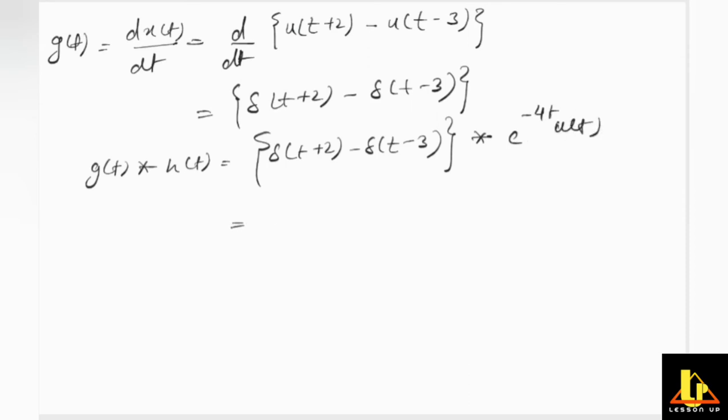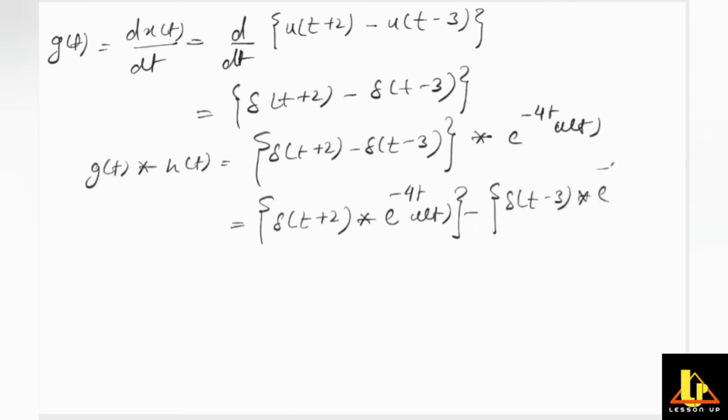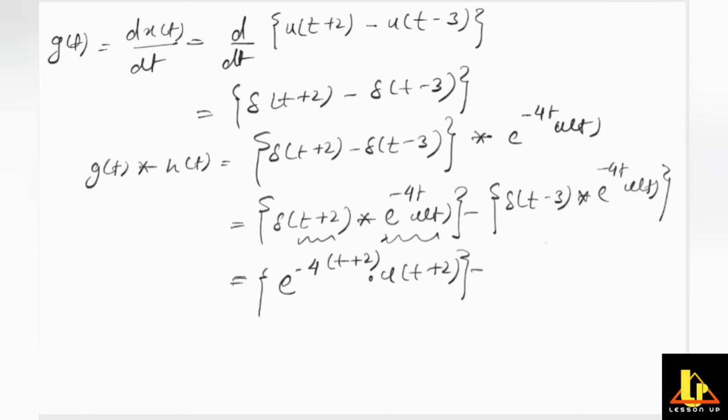Okay. Now according to the distributive property, delta of t plus 2 convolution e to power minus 4t u of t minus delta of t minus 3 convolution e to power minus 4t u of t. So if you convolve any signal with delta, that value of t in that signal will get replaced by t plus 2. So this will become e to power minus 4 into t plus 2 into u of t plus 2 minus, in this also, e to power minus 4 into t minus 3 into u of t minus 3.